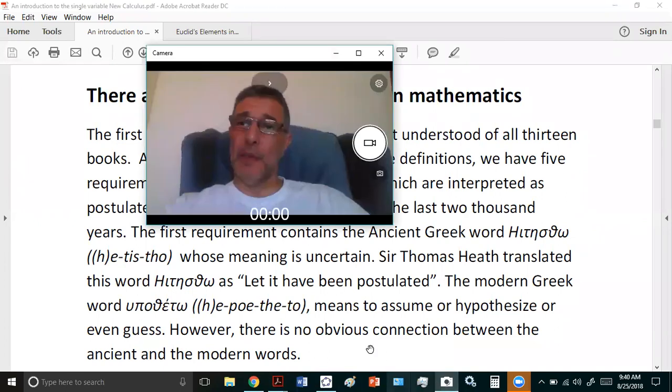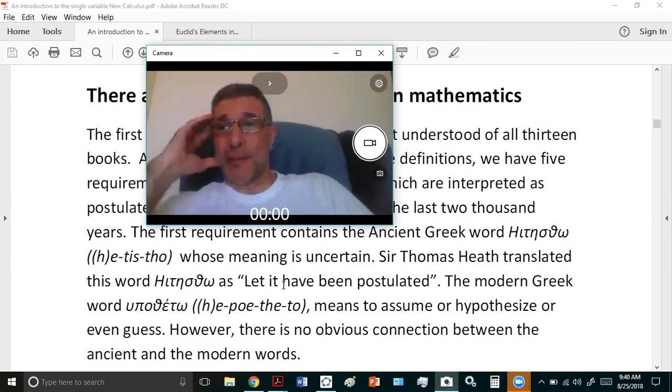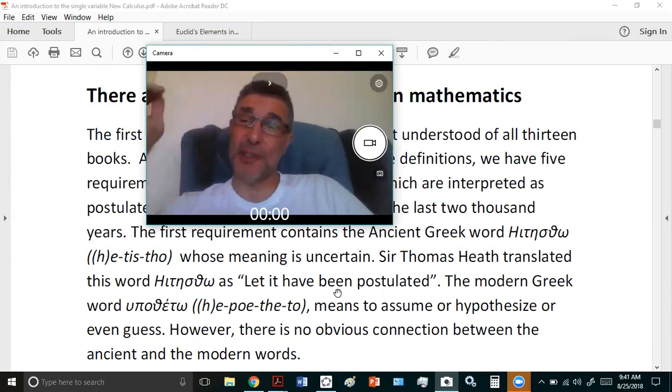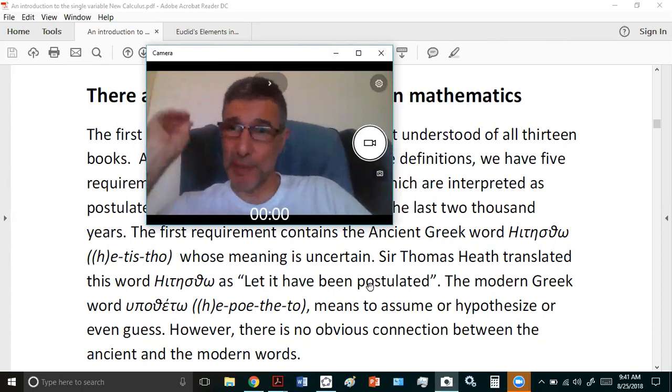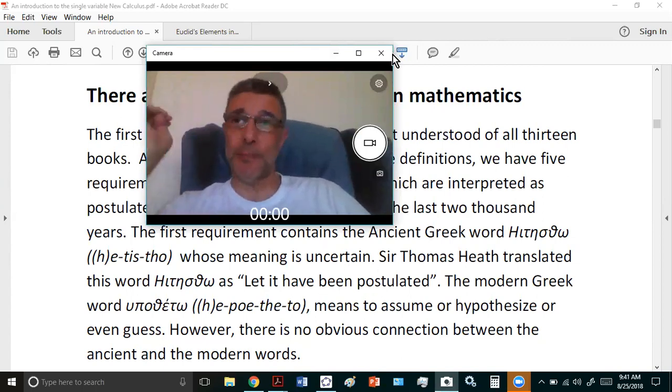So what we'll do is talk a little bit about the history and then look at how we can actually derive those supposedly axioms, but they're not really axioms. They're actually 5 requirements which were stated by Euclid and which have been misunderstood by the morons in mainstream academia over the past 2,300 years. So let's begin.